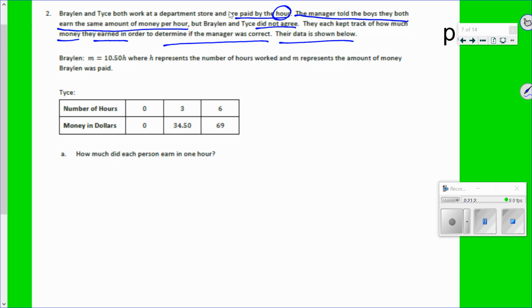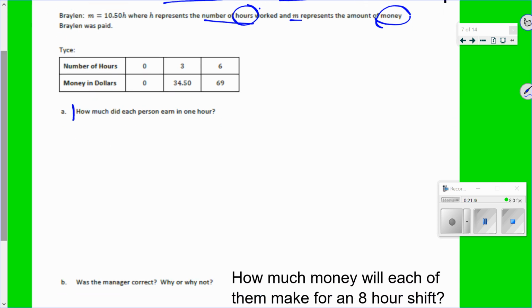It gives you an equation where H represents the number of hours worked, and M represents the amount of money Braylon was paid. Tice right here is set up in a table. So the question that we want to answer, guys, is how much did each person earn in 1 hour? We need to know if that manager was being fair.